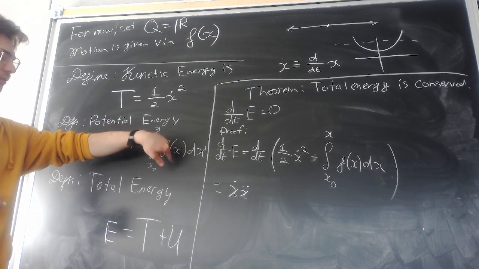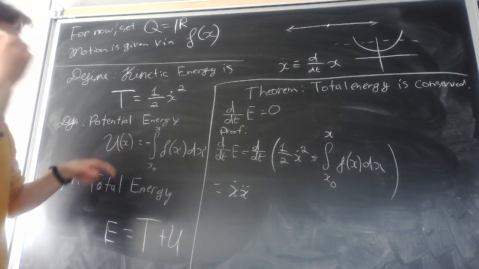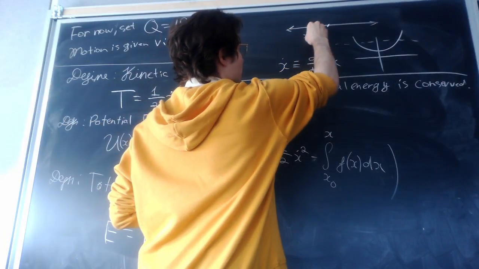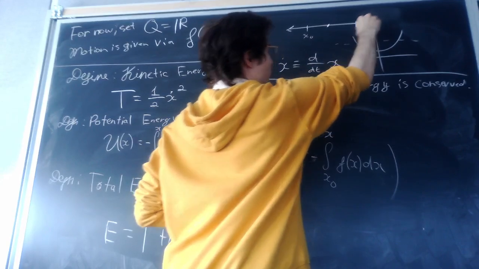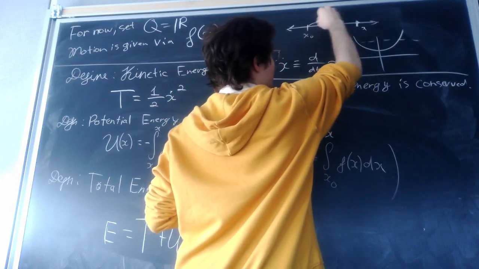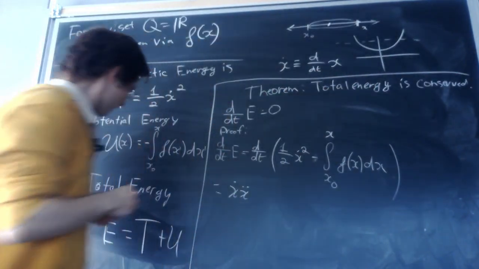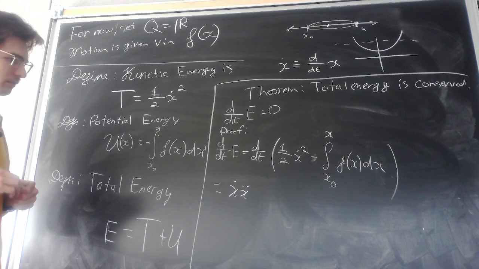The potential is, you have some reference point x naught, and then you have some point x, and your potential at this point is the integral over this region. Okay? So this is where the derivative comes in.